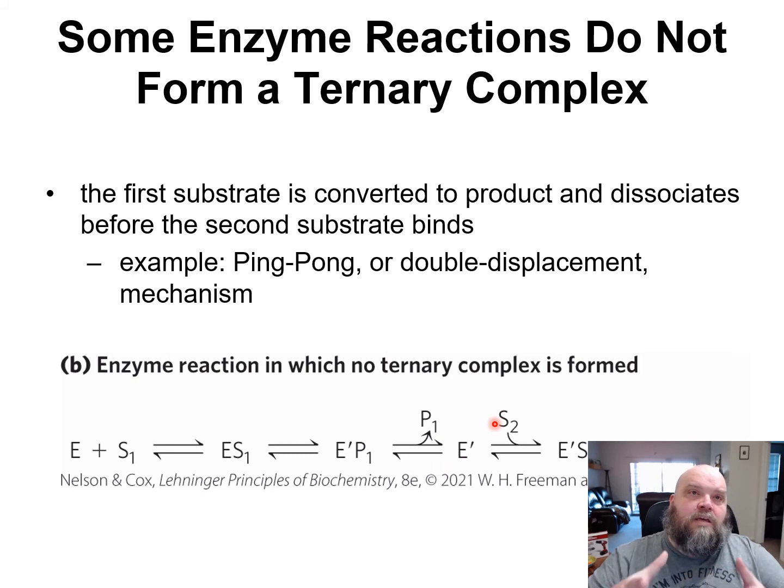E prime is the enzyme, and it has retained the electron for a redox reaction. It has retained a functional group. It has retained something that now needs to be transferred to the next substrate. After it transfers over, E prime S2, you now have E plus product 2.